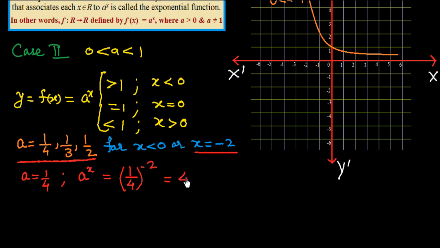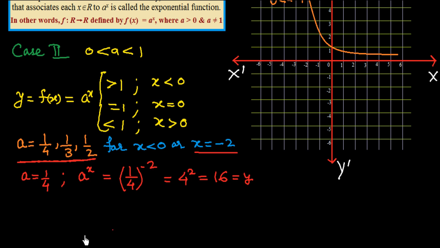So we are getting here 4 power 2, which is equal to 16. So it is 16, which is y, and x is minus 2, and a is 1 by 4.